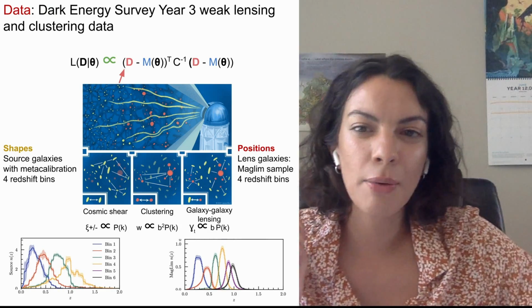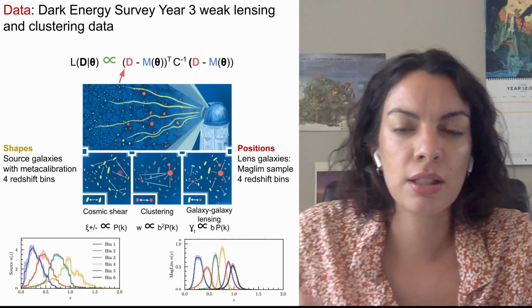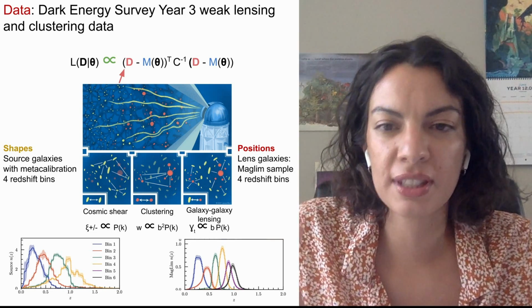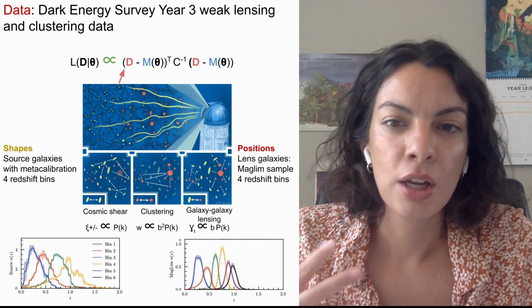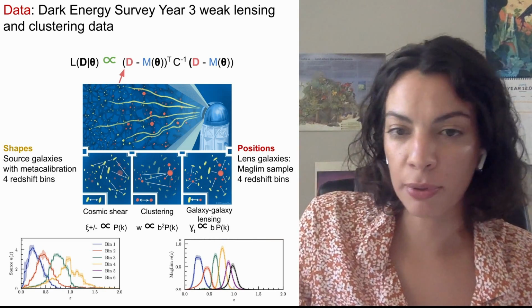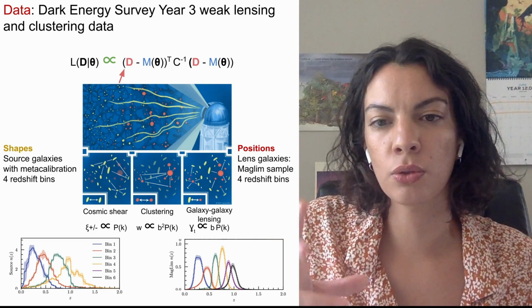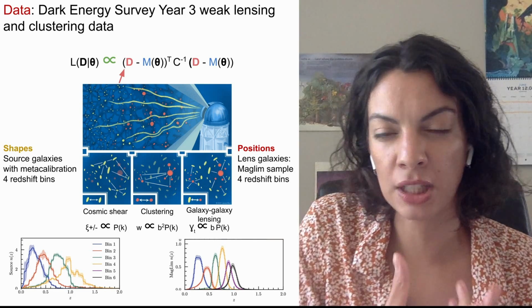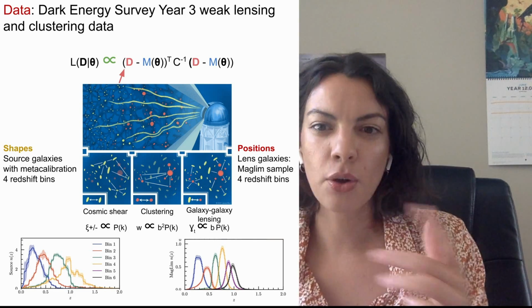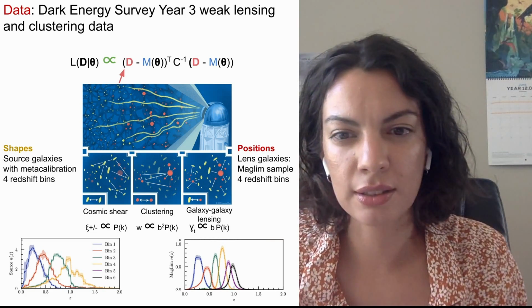So our data, as Jessie was mentioning before, are 3 different sets of 2-point correlation functions. We correlate the shapes of galaxies to have information about the weak gravitational lensing effects, and we also correlate the positions of galaxies.